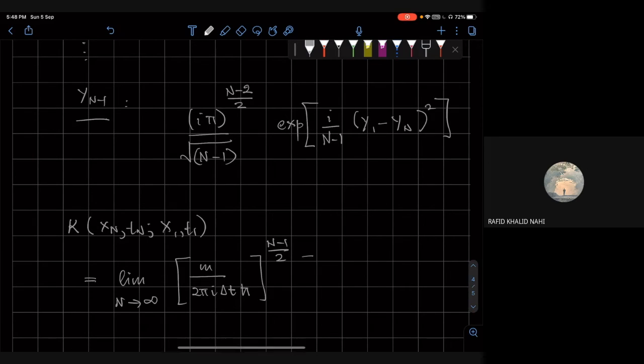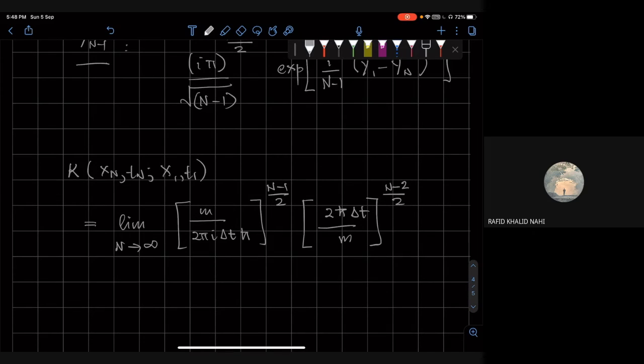And when we did the change of variable, we generated (2h bar delta t by m) to the power (n minus 2) divided by 2. And from all those integrals, we have i pi divided by square root of n minus 1, with power (n minus 2) divided by 2. And then we have exponential of i over n minus 1.